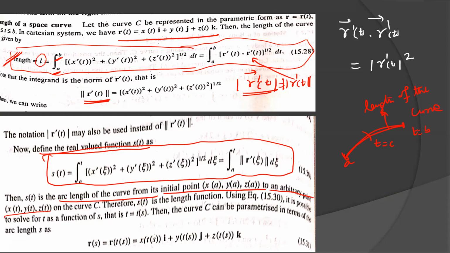But if you take a small length, this is the arc length, then you have to take the limit a to c. You are not taking the complete length of the curve, you are taking a small length of the curve, which you are calling arc length. Then your upper limit t is variable here, it can be any value you want to use.